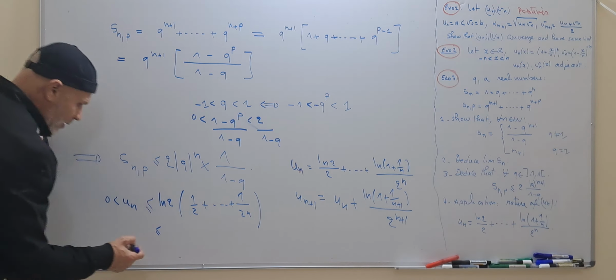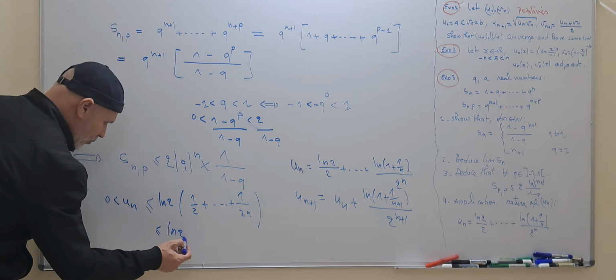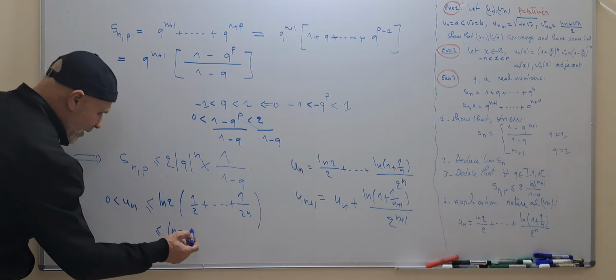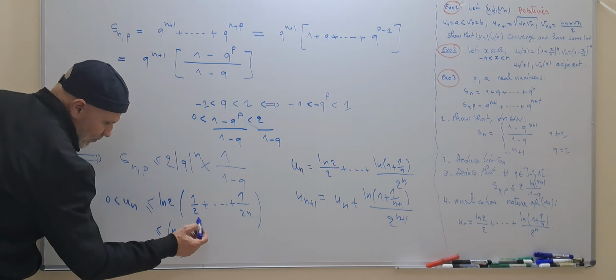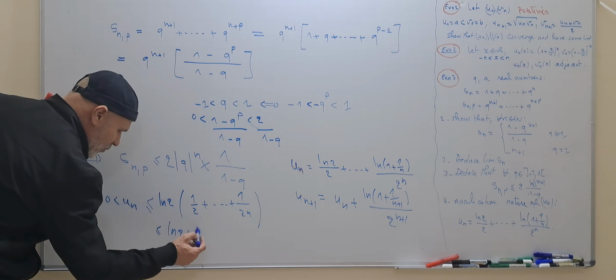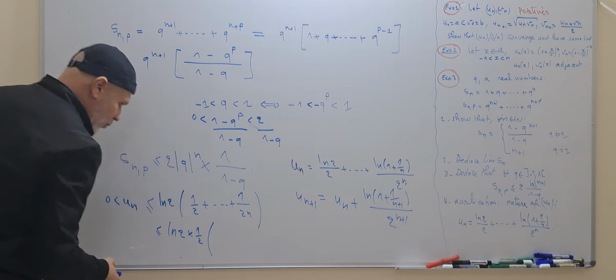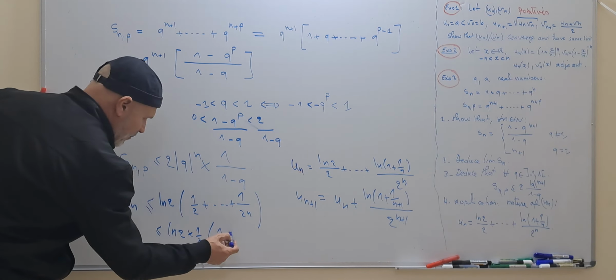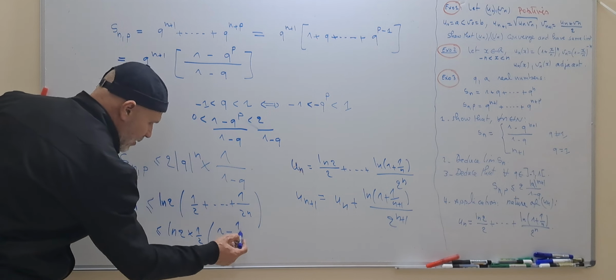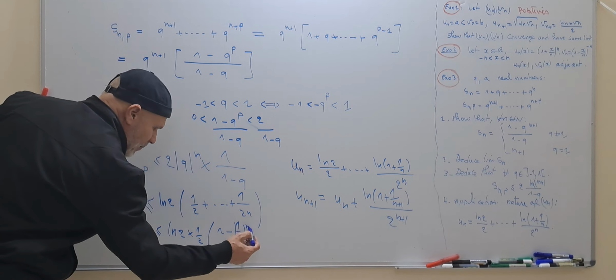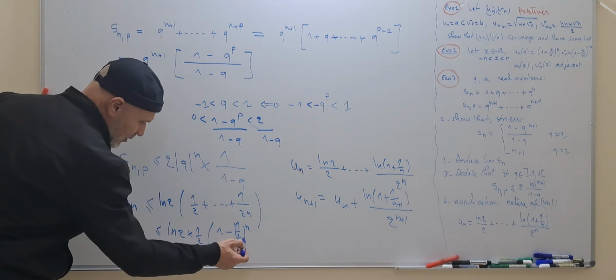So this is less than or equal to ln 2 times 1 divided by 2 times 1 minus 1 over 2 power n.